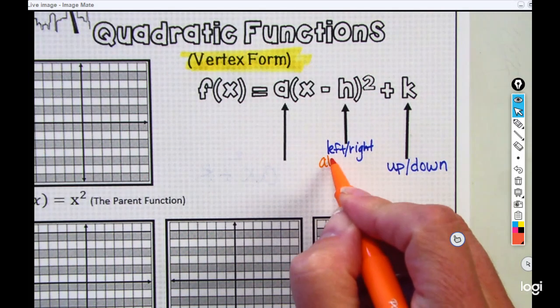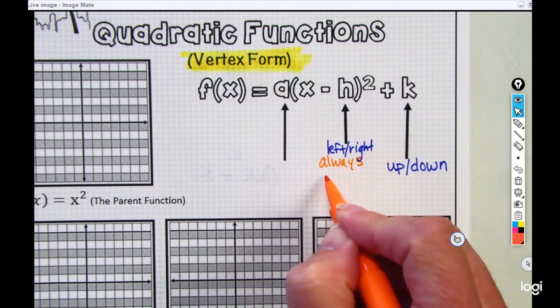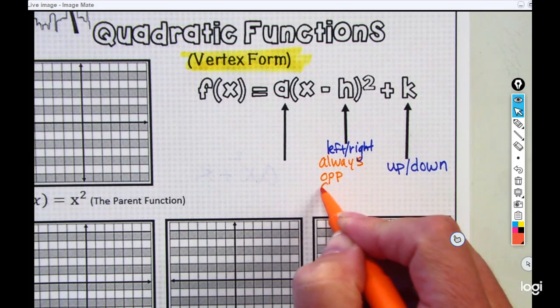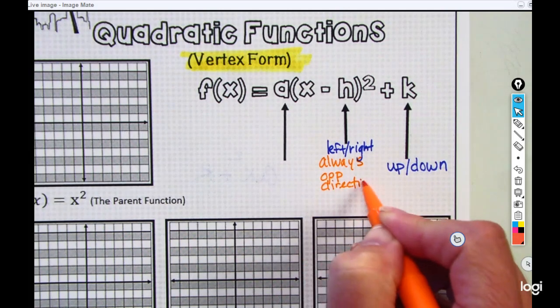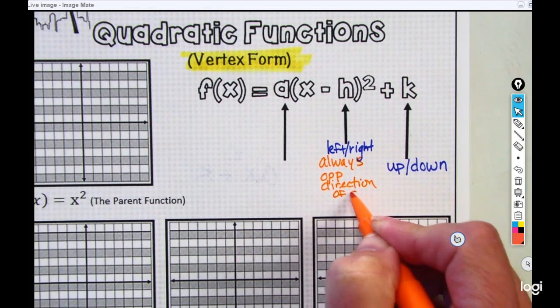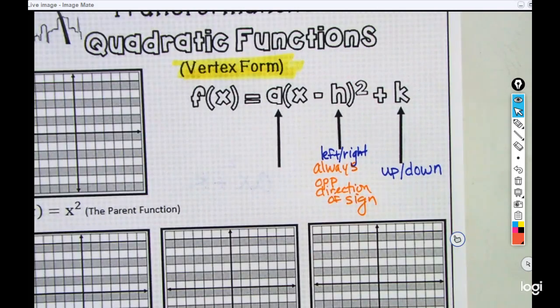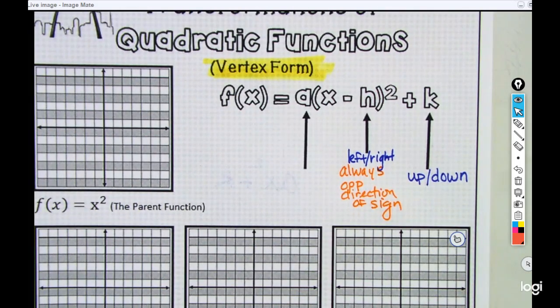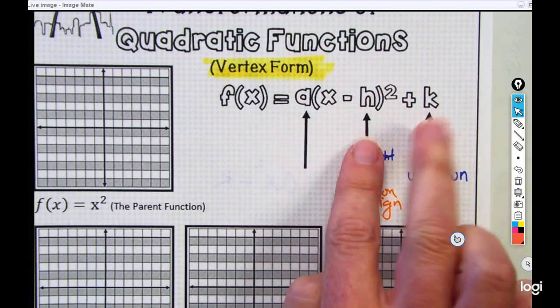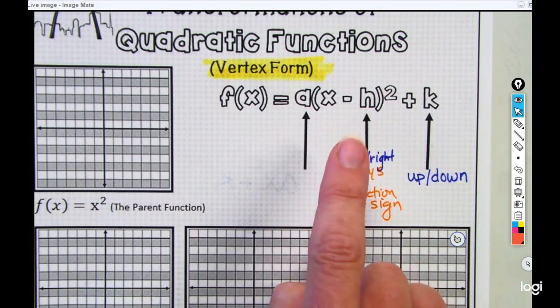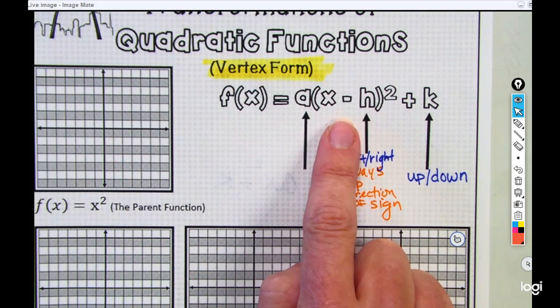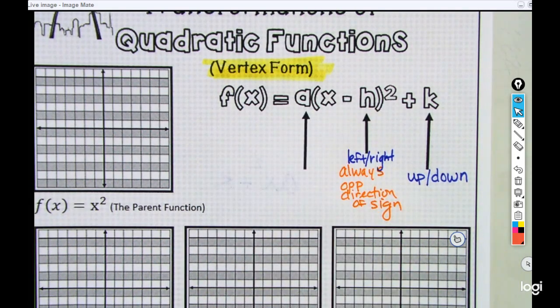You always have to go in the opposite direction of the sign. Always the opposite direction. And so sometimes we get confused with which one is opposite. It's always the one in with X. What would you have to do to get the X alone? So it's always the opposite direction.